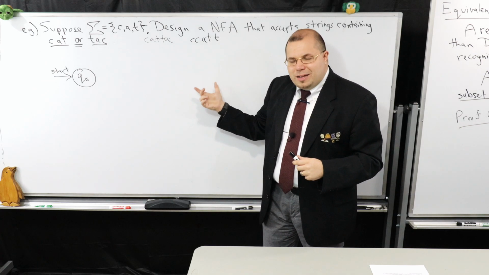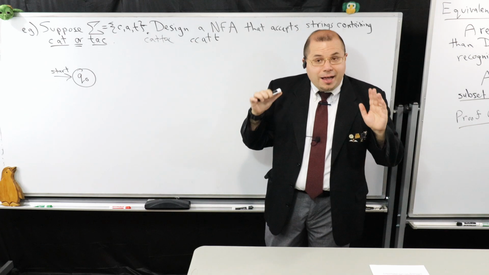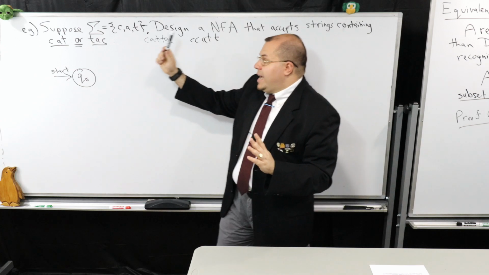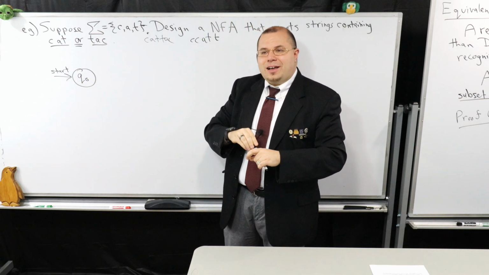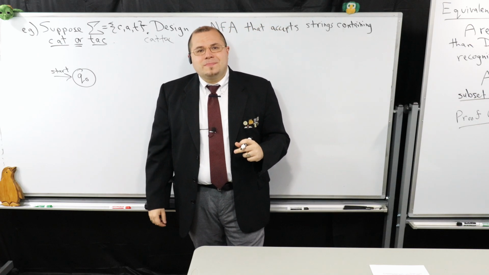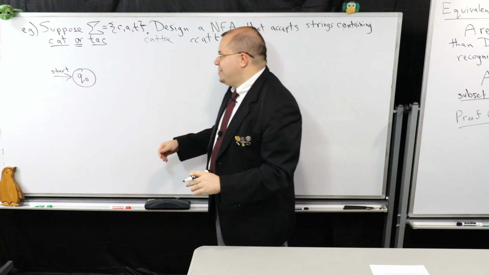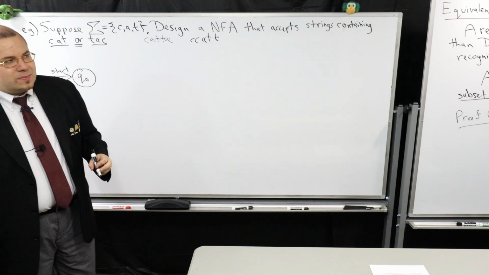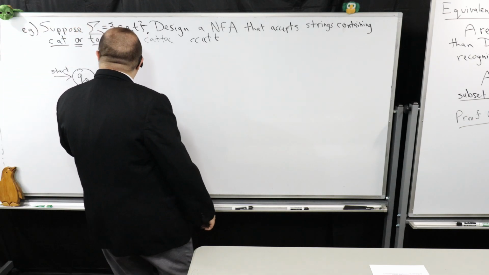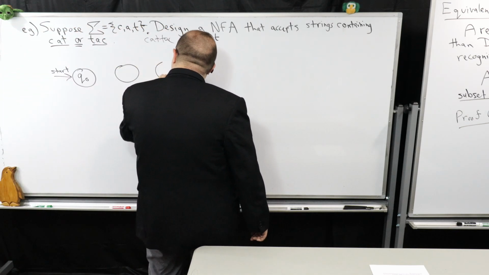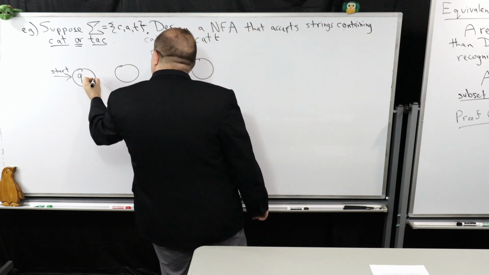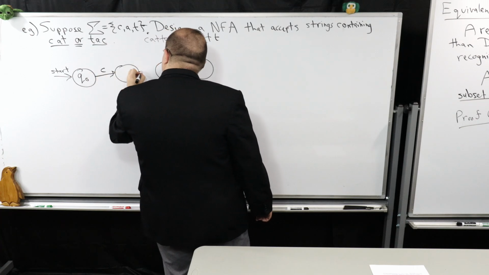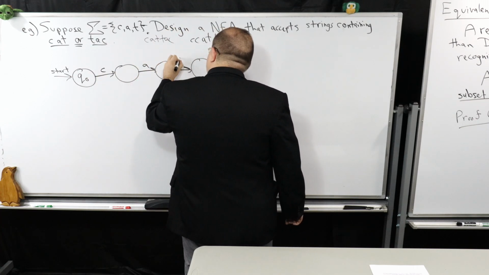Say, for example, I only want this thing to accept cat. Can somebody give me an idea of what I would do with just cat? Yeah, that's basically what I'm thinking of: you would have a C, an A, and a T like this.